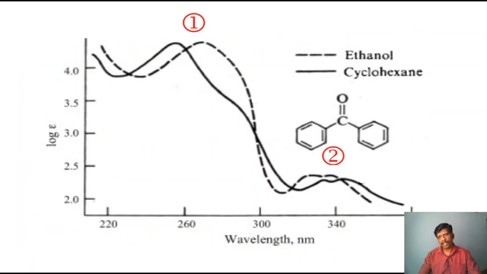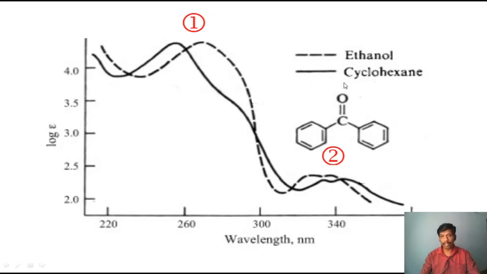Here you can see the effect of solvent. This is the UV spectrum of the compound benzophenone recorded in ethanol. You get absorption at around 270, but because it is a polar solvent, it can interact with the carbonyl group and it absorbs here. This is due to the benzene ring, and you can see one more absorption in the presence of cyclohexane.